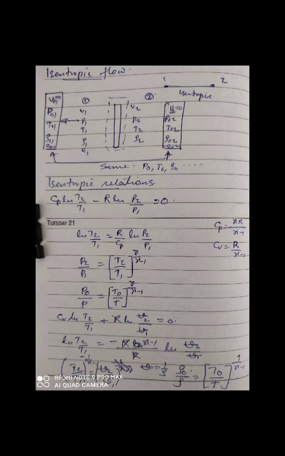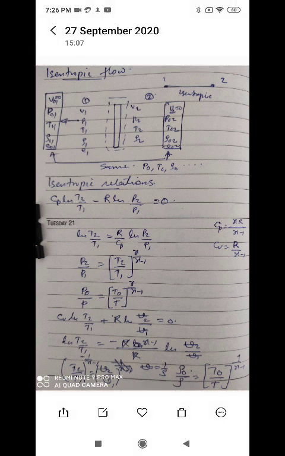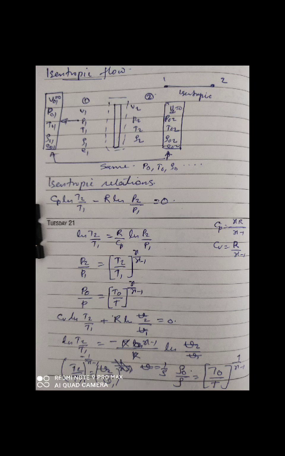That is, P01 will be equal to P02, T01 will be equal to T02, rho 01 is equal to rho 02, E01 is equal to E02. This is only possible in isentropic flows. In other flows that we will discuss later, this is not possible. But in isentropic flows, the stagnation condition at any state are the same.